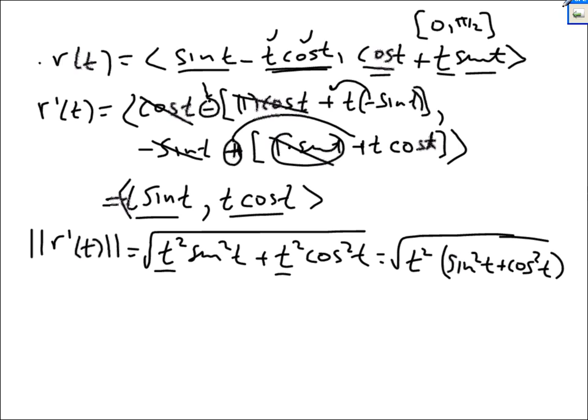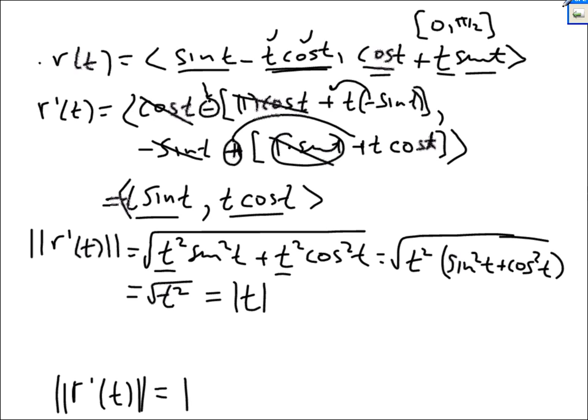But that's 1. It's just the square root of t squared, which is not t. It's the absolute value of t. So now we have r prime of t, the magnitude. It's the absolute value of t.